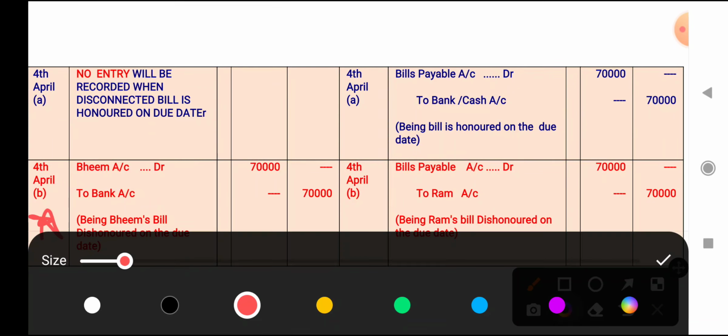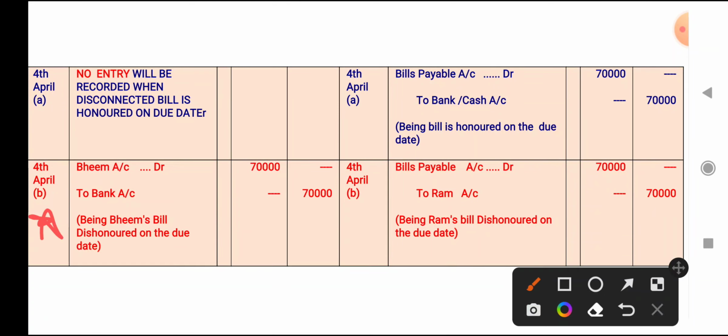When an endorsed bill, a discounted bill, is dishonored, so Beam account debit to bank account, reverse the Beam account again, and we need to pay to the bank. So 70,000 without any noting charges, being Beam's bill dishonored on the due date.